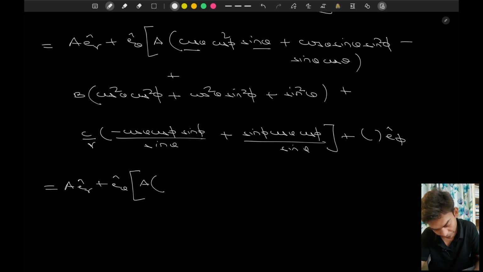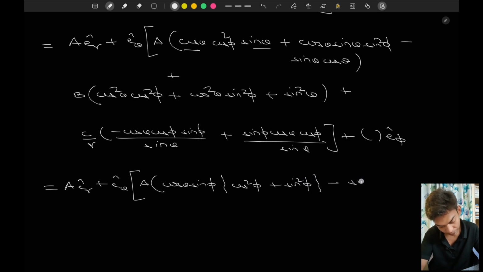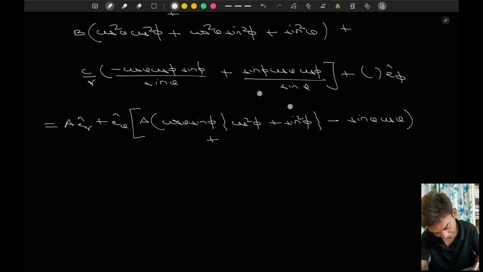Again, if I take cos theta sine phi common, then I have cos square phi plus sine square phi, minus sine theta cos theta, right? Then we have a plus.